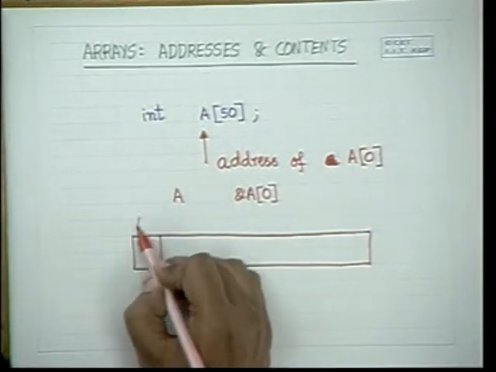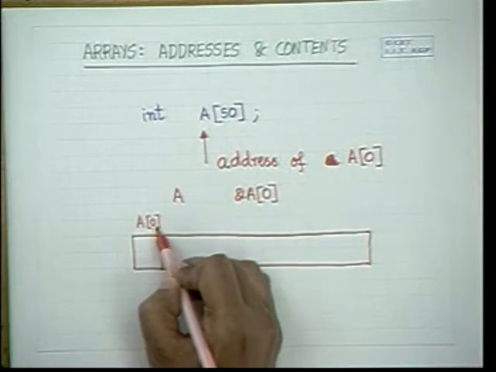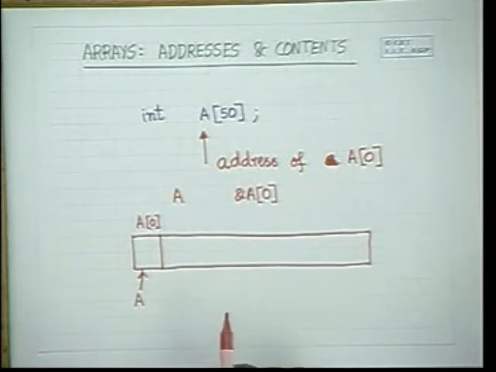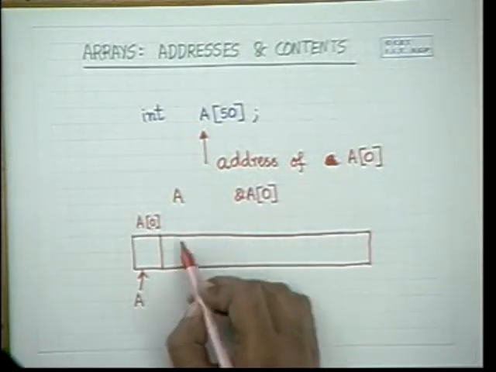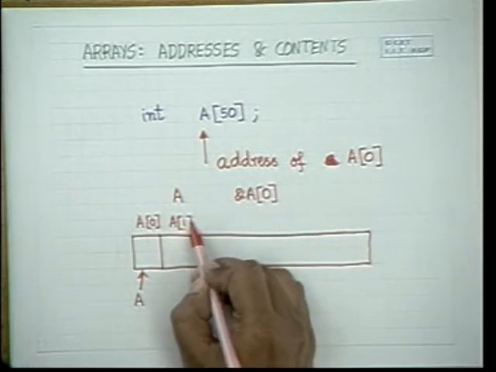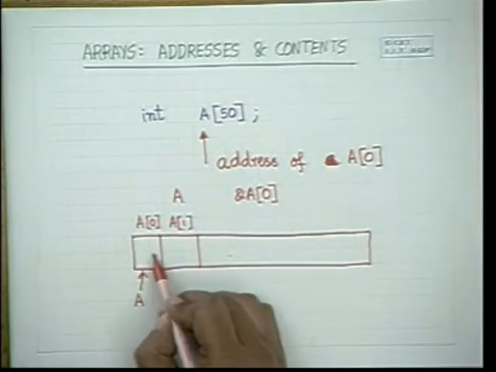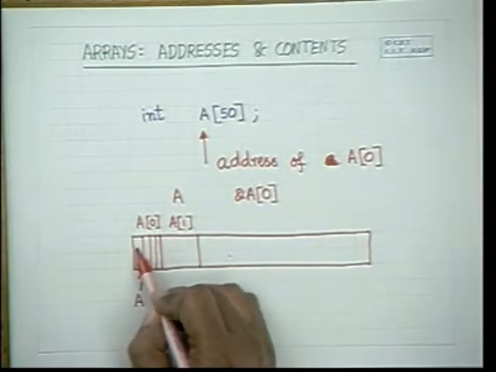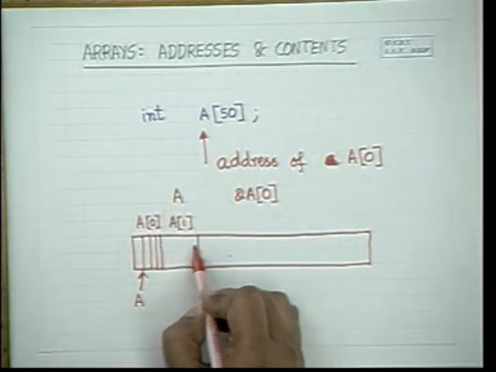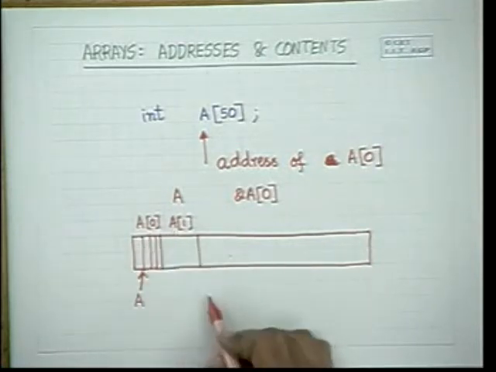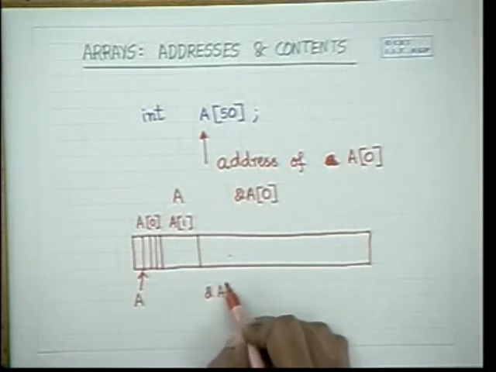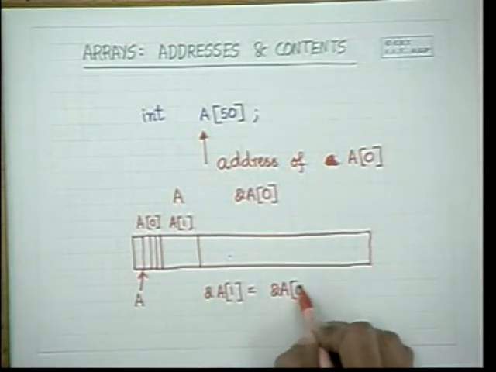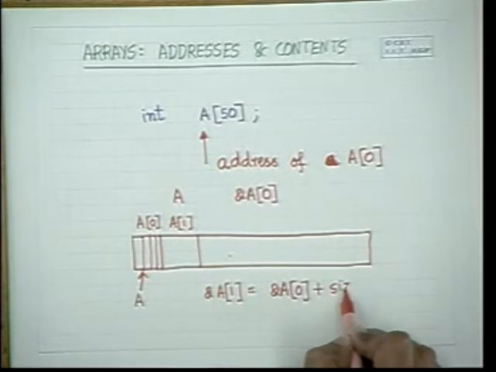If this is A[0], which is also the value of the address A, that is, you can access this A as an address, then the next will be A[1], but they are not one after another, because if this requires 4 bytes of memory, then this will start 4 places after. So the address of A[1] will be the address of A[0] plus the size of an integer.